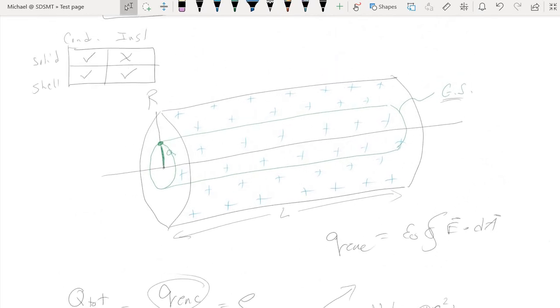Remember when we said with the sphere, any of the charge that is outside of our Gaussian surface does not contribute. And so all these charge values that are currently outside of our Gaussian surface, they're not going to contribute to the math.